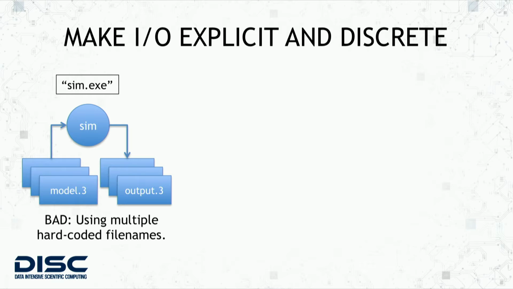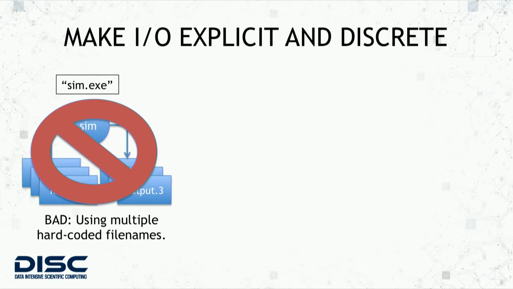Now this may be okay when you're working on one system, but it's going to be very hard to scale up, because as you're running thousands of programs simultaneously, they all may be trying to read and write the same files. Furthermore, it's also a problem because we're trying to do 3 different things in one program here. And because it's all in one program, it's going to be difficult to separate those things to run on different machines. So if you have some code that writes fixed file names, please don't do that.